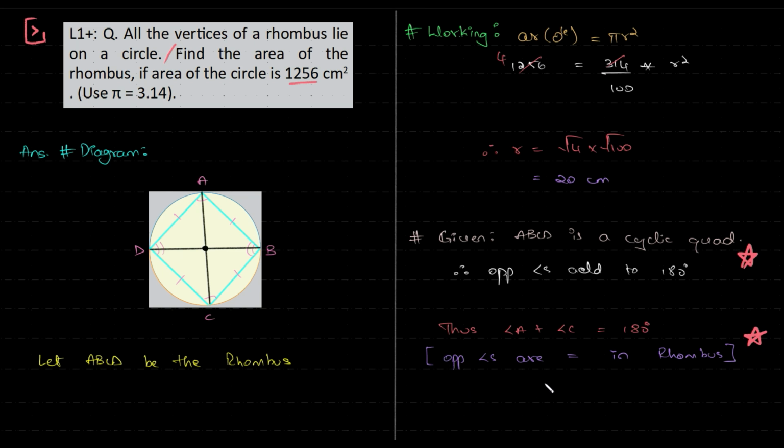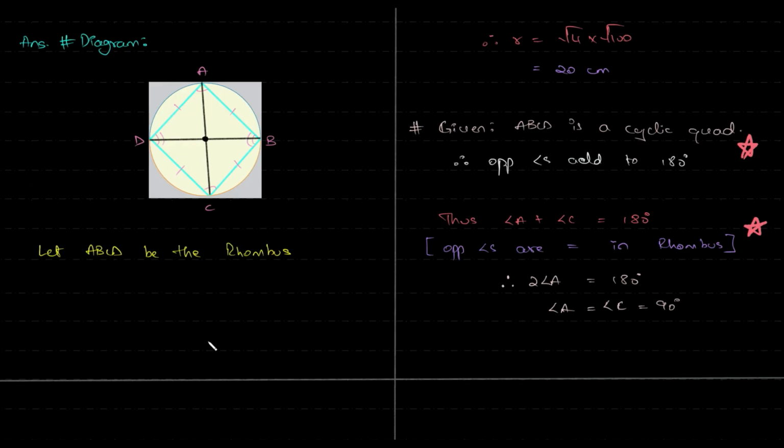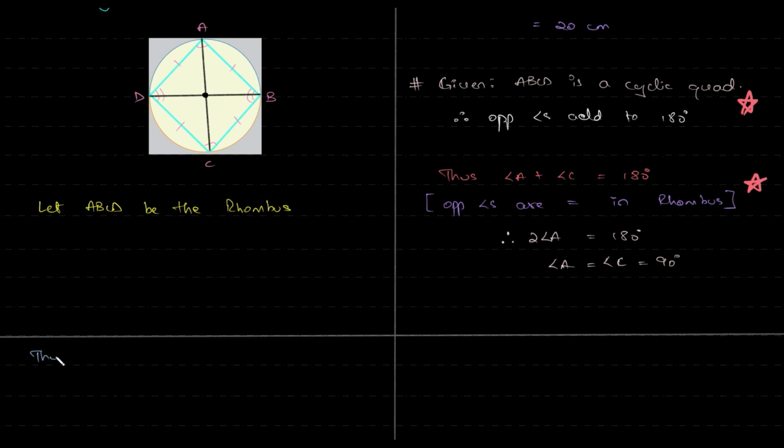Get the star. So therefore, we have 2 times angle C is equal to 180 degree, and so we have angle A and angle B to be equal to, yes, angle C equal to 90 degree. So we have a rhombus whose angles are equal to 90 degree. What does it imply? Thus, ABCD is a square.